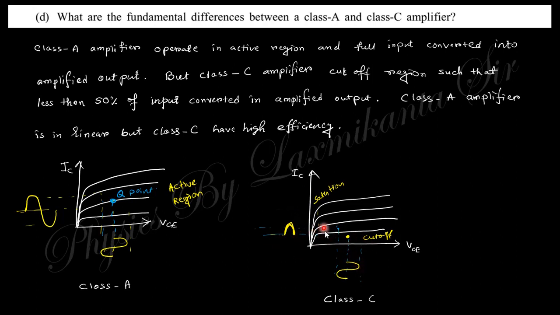That's why their efficiency is greater compared to class A. But in application, the total input must be converted into output. Class A amplifier is used widely.